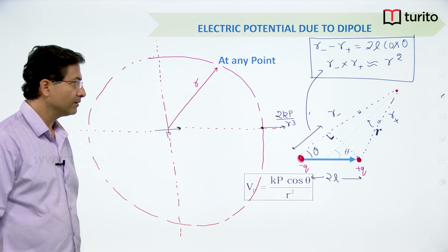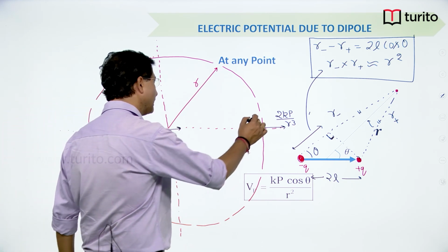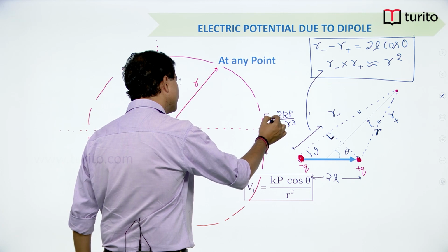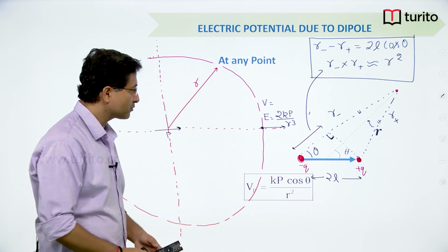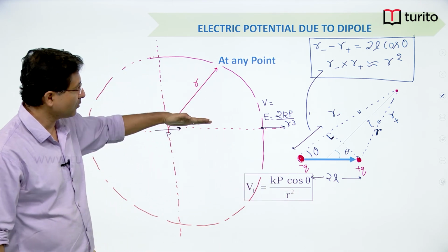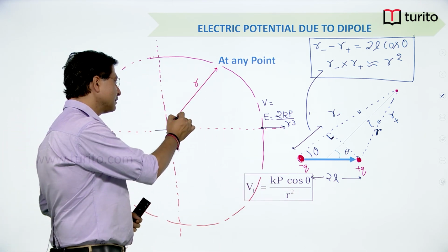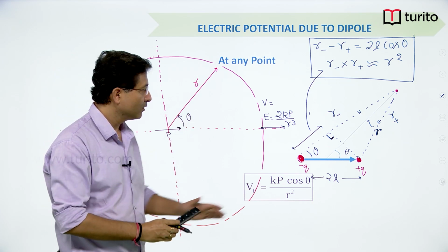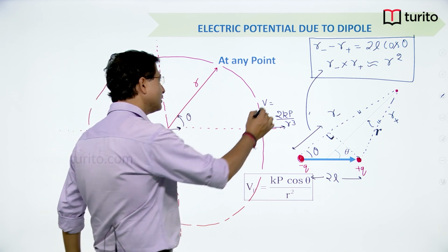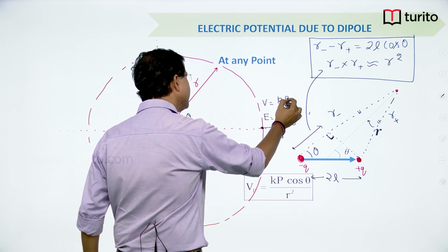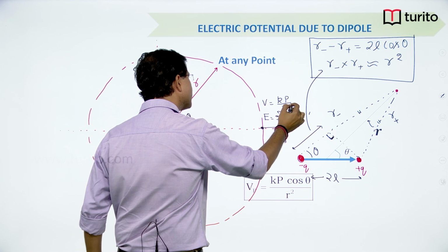That is the value of field. And what is the value of potential at this point? If you substitute for this point, you need to substitute theta is equal to 0. So you will get kp divided by r square.